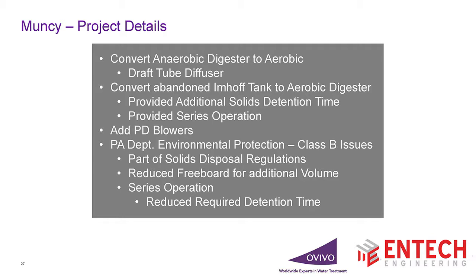We had a little bit of an issue with the Department of Environmental Protection insisting that we meet a strict Class B design, which was part of the biosolids regs at the time, still is. So we reduced our freeboard a little, and that abandoned Imhoff tank gave us enough detention time that we now had series operation and we met the requirements for time and temperature on Class B.